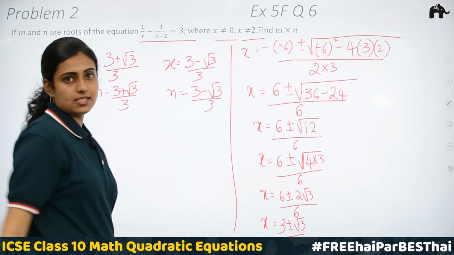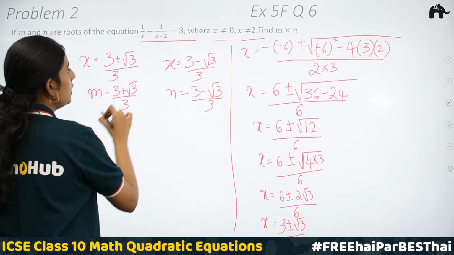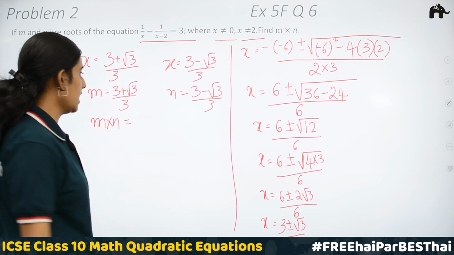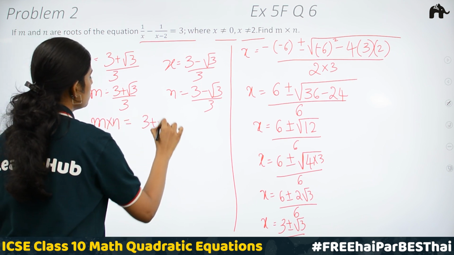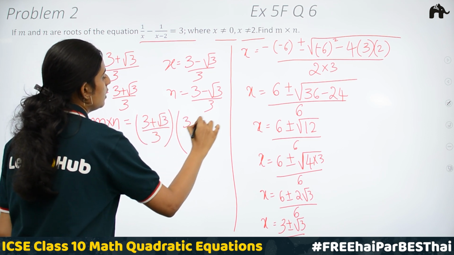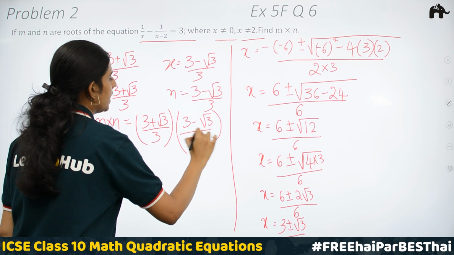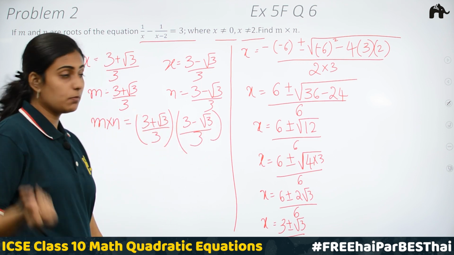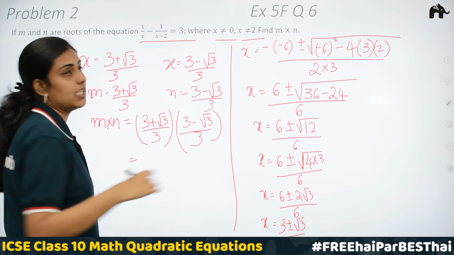We can write like this. Okay. Now we need to find m into n. Multiply m and n: (3 plus root 3) divided by 3 into (3 minus root 3) divided by 3. This is (a plus b) into (a minus b). (a plus b) into (a minus b) is equal to a square minus b square.